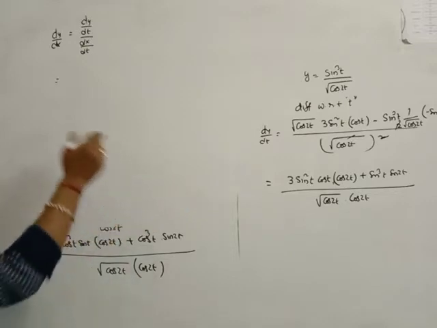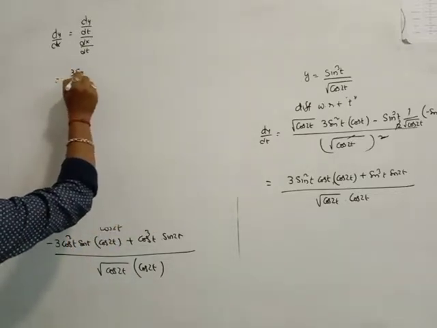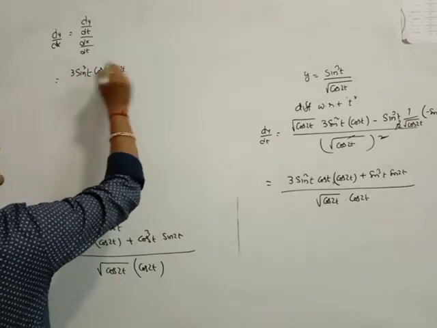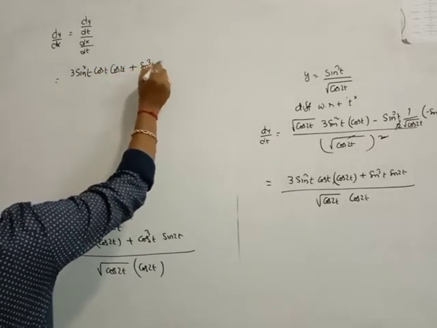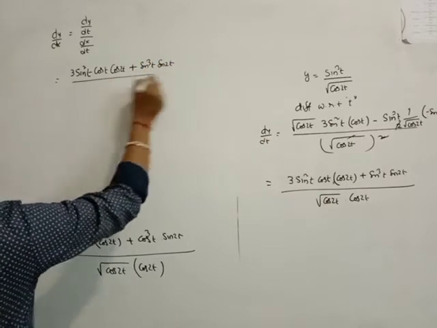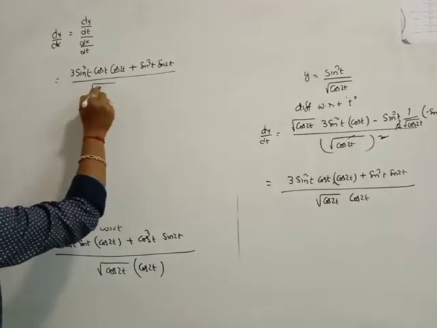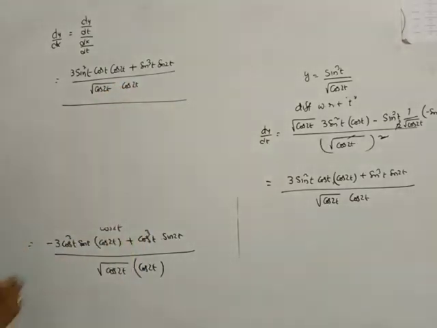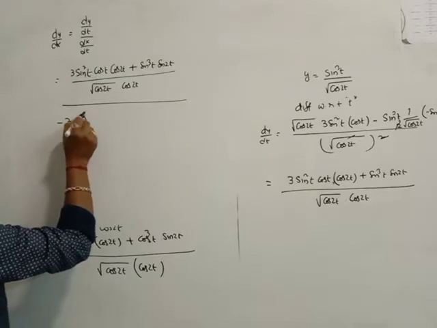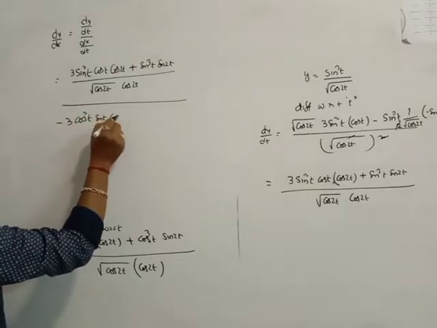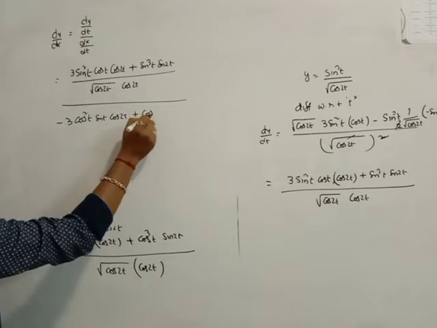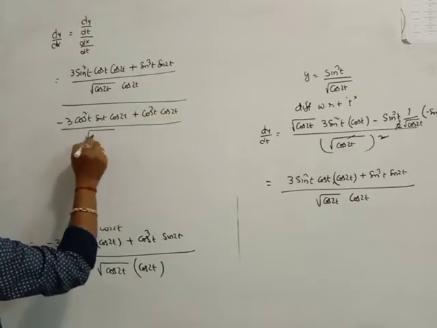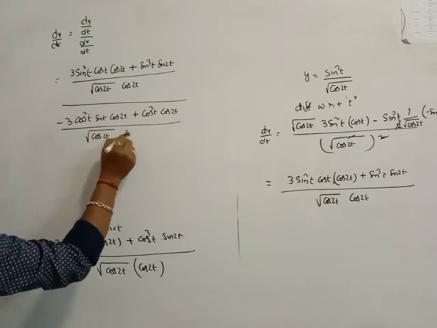So dy by dt means that is 3 sin square t cos t into cos 2t plus sin cube t into sin 2t, whole divided by root cos 2t into cos 2t, whole by this one, minus 3 cos square t sin t into cos 2t plus cos cube t into sin 2t, whole divided by root cos 2t into cos 2t.